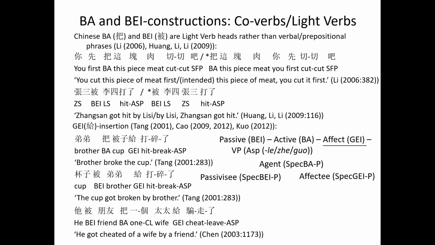And the common core property of bǎ and bèi seems to be this affect marker. There is an affect light verb head that seems to be in the complement of both bǎ and bèi constructions. So, if we consider the origins of bǎ and bèi constructions, all co-verbs in general come from serial verbs.